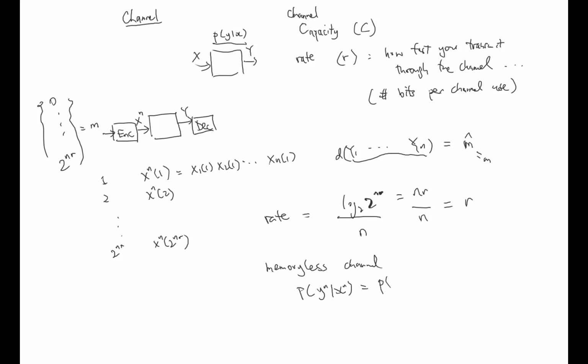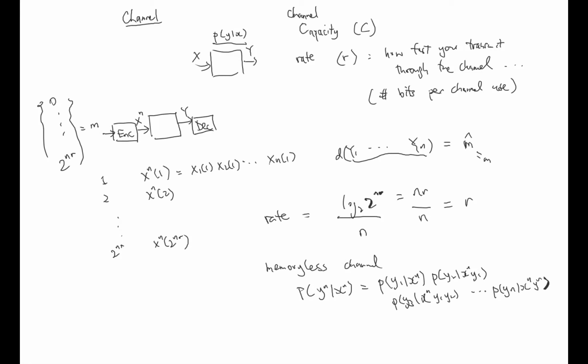It will be P(y_1 given x^n), and P(y_2 given x^n, y_1), and P(y_3 given x^n, y_1, y_2), and so on, up to P(y_n given x^n, y^(n-1)).